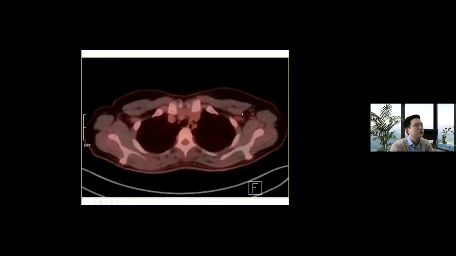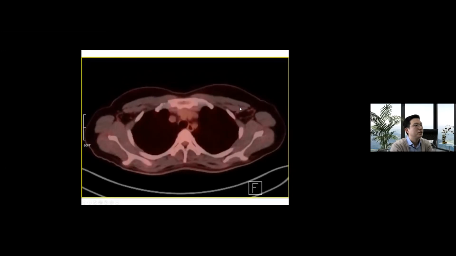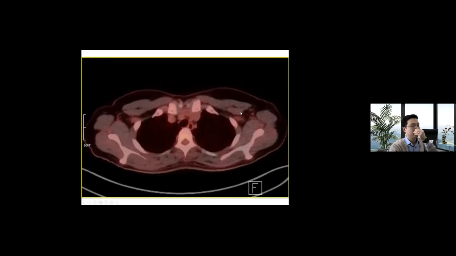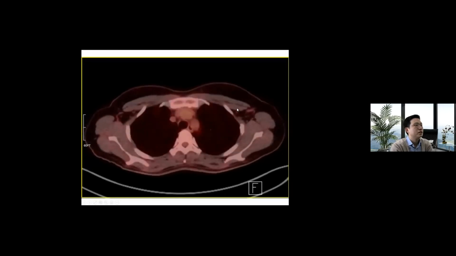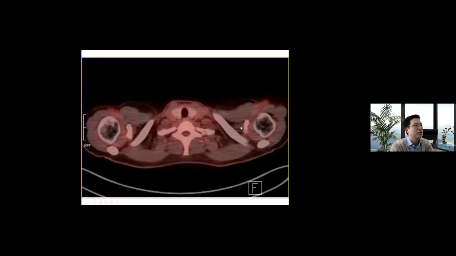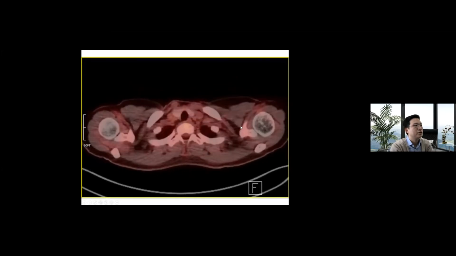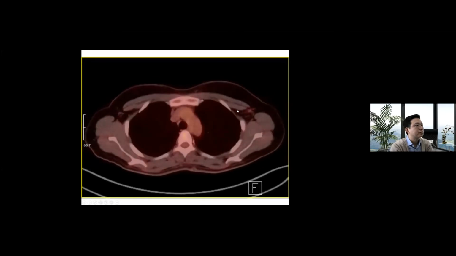And you can see the pectoralis minor muscle for the next cases. You can see this pectoralis minor runs all the way up to the coracoid process of the scapula.